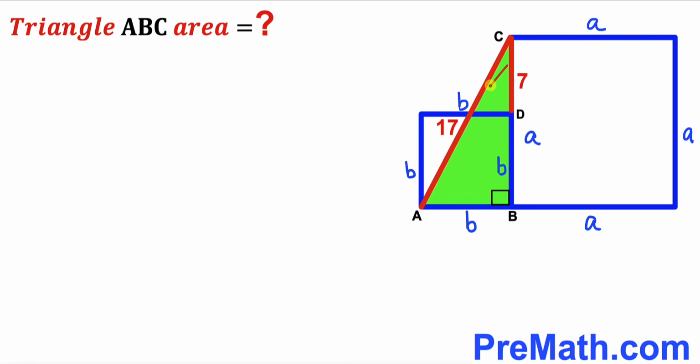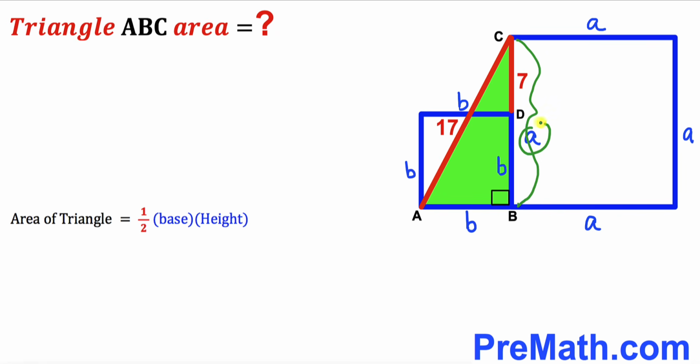Since we are interested in calculating the area of this triangle ABC, let's recall the area of a triangle formula. Area is always equal to a half times base times the height of the triangle. In our case, the base of this triangle ABC is this part, which is lowercase b, whereas the height of this triangle is lowercase a.